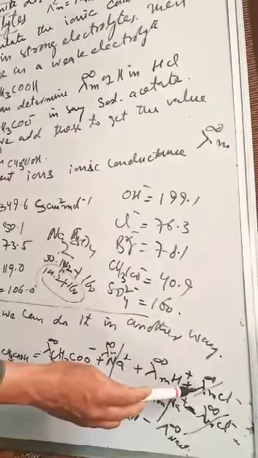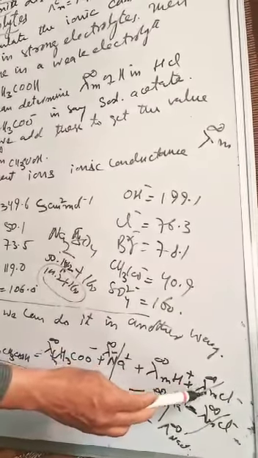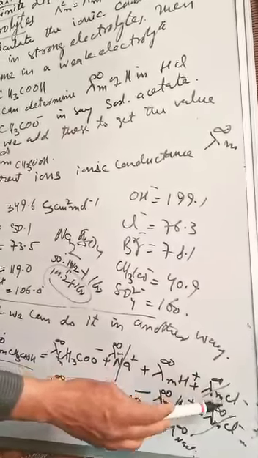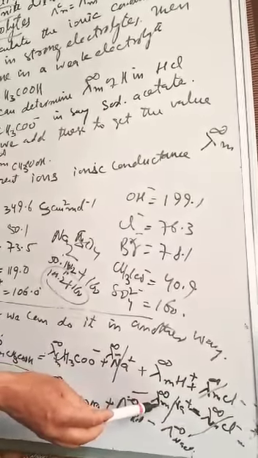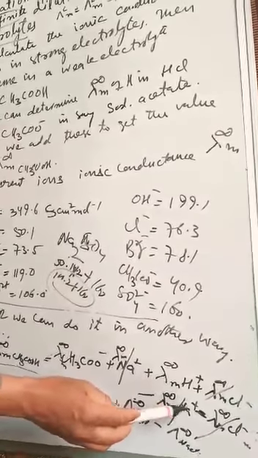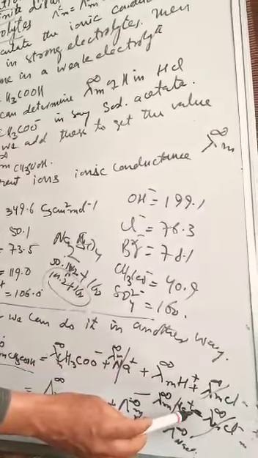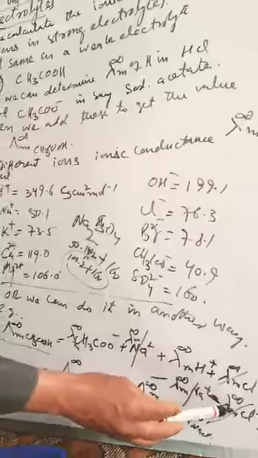Then we add the molar ionic conductance at infinite dilution of chloride. Then we subtract the ionic conductance of sodium positive, and again subtract the ionic conductance at infinite dilution of chloride.